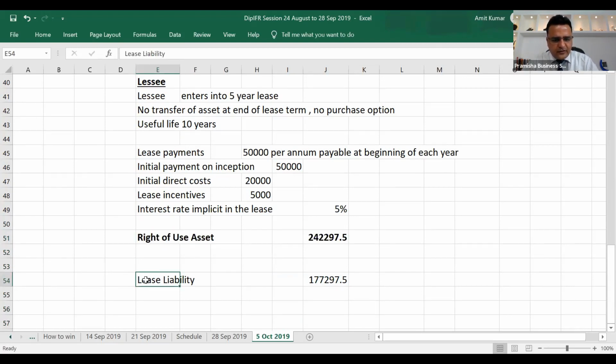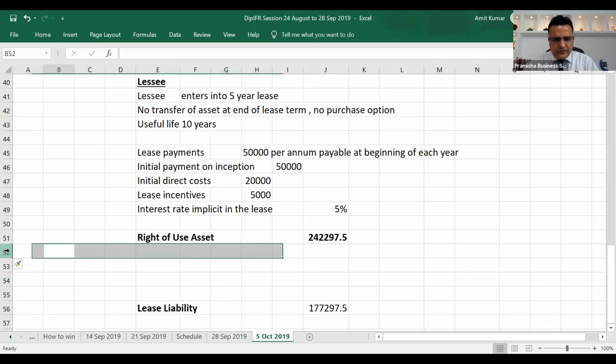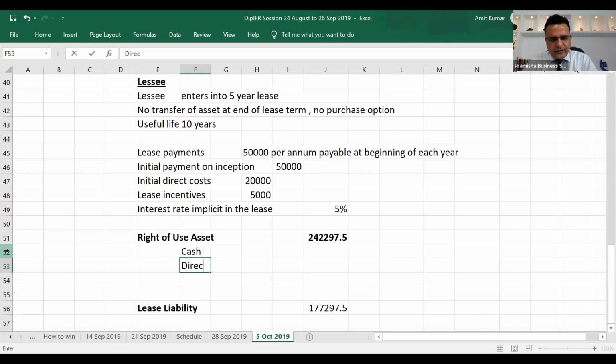I can show it here as well. Cash, direct initial costs, incentives, present value of minimum lease payments.